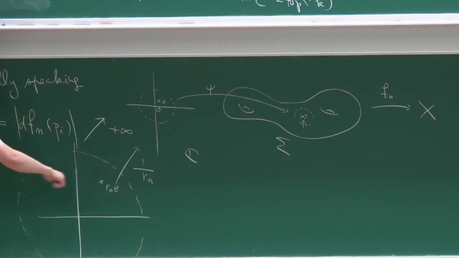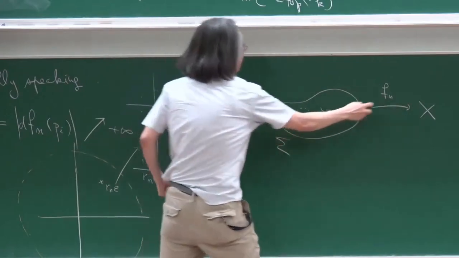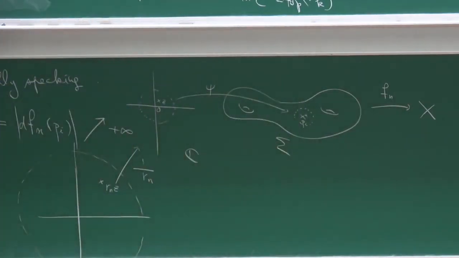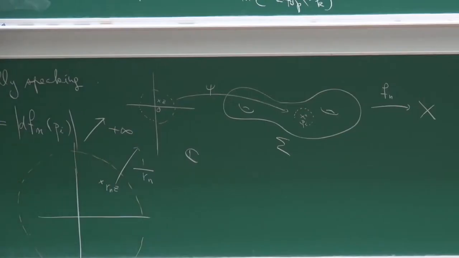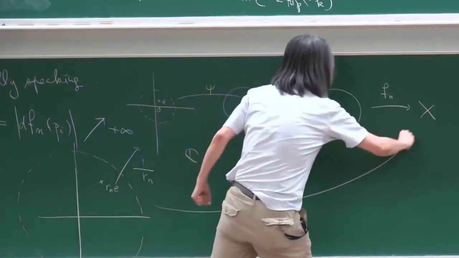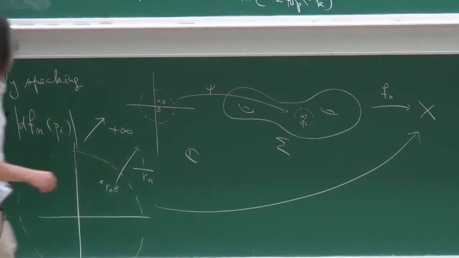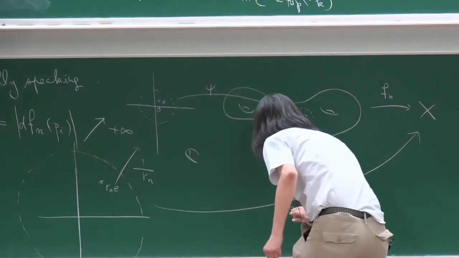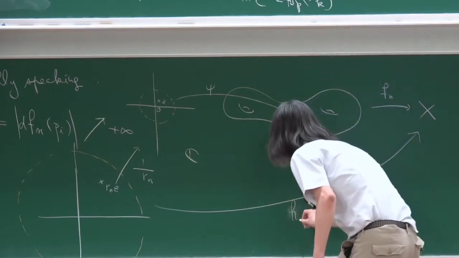And then if you compose this map, then here the magnitude of the derivative is something like R_n. But because here I just consider the map by multiplication by 1 over R_n, therefore from here to here, somehow this map has bounded derivative. So you just rescale the domain, and then look at the new sequence. So maybe I may just write it as g. No, g I already erased it. It was there. So therefore maybe I just write it h_n or something.